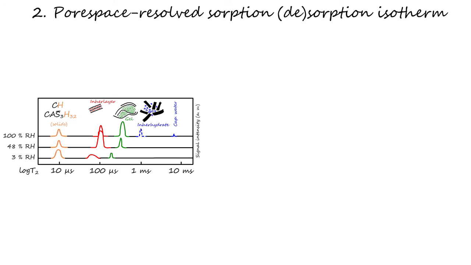When the sample is dried further, we see that the intensity of the solid peak increases, whilst only residual peaks for gel and interlayer remain at a relative humidity of 3%. The large amount of information contained in these spectra can be better investigated in two separated plots.